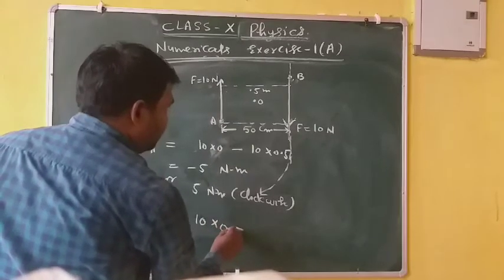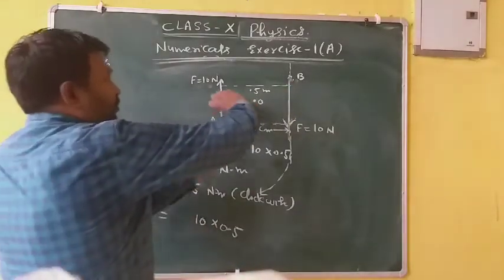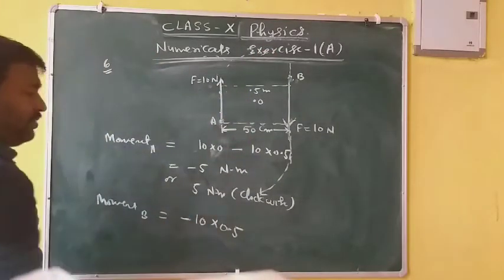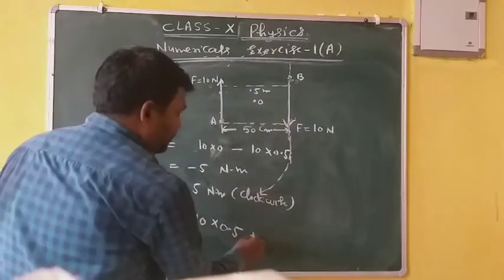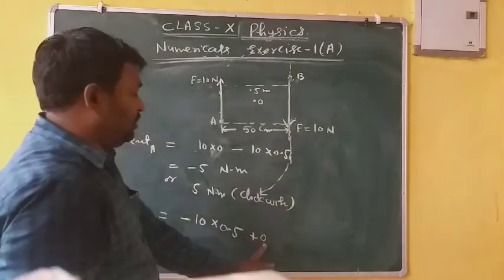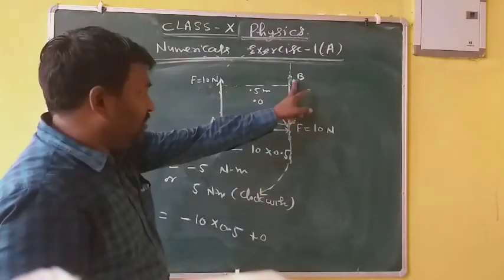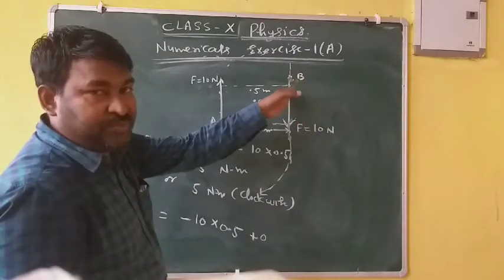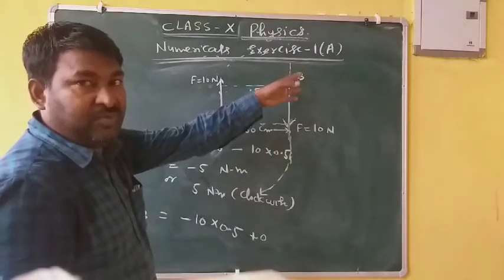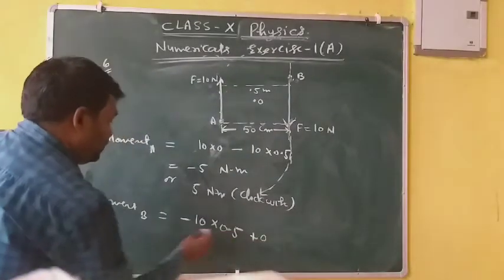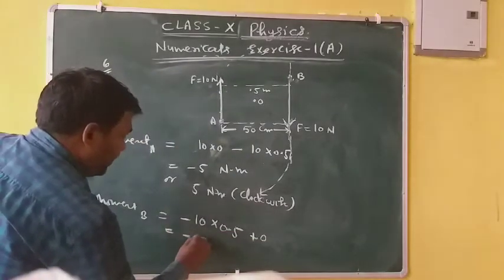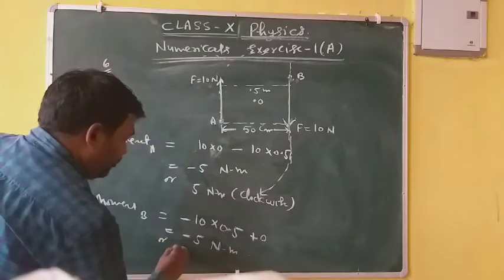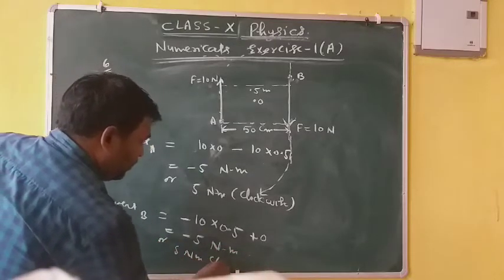What will be the direction? About this point, this force will also try to rotate in clockwise direction. That's why minus sign, and plus 0. Since the force is acting at this point itself, its distance from the point will be 0, so the moment will be 0, and hence minus 5 Newton meter, or 5 Newton meter clockwise.